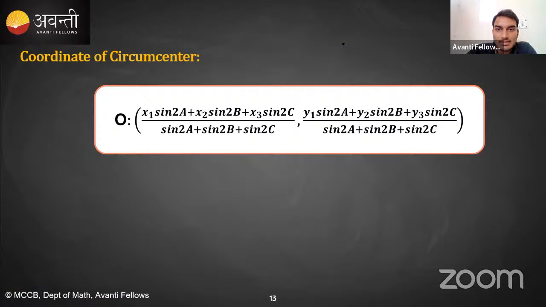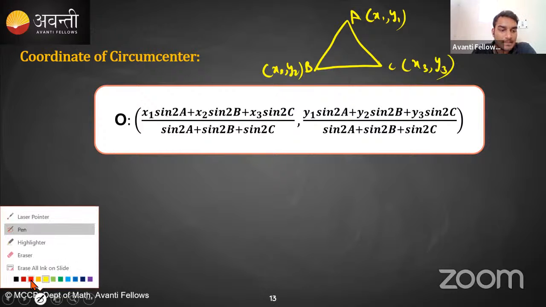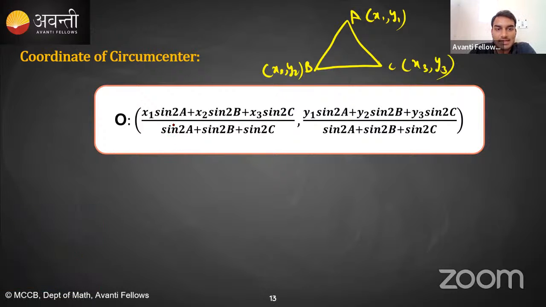Means, if this is a triangle ABC, A has the coordinates x1, y1, B has the coordinates x2, y2, and C has the coordinates x3, y3. So what will be the x coordinate of the circumcenter? x1 sin 2A plus x2 sin 2B plus x3 sin 2C upon sin 2A plus sin 2B plus sin 2C.